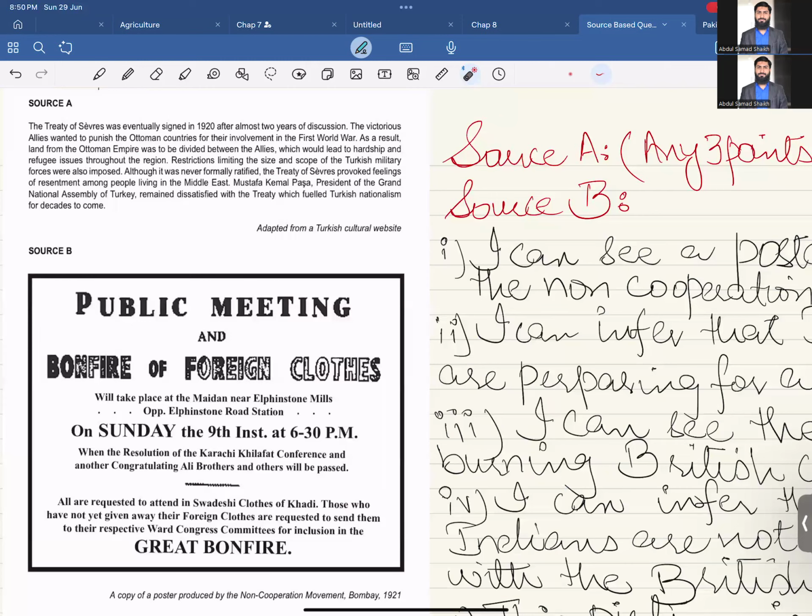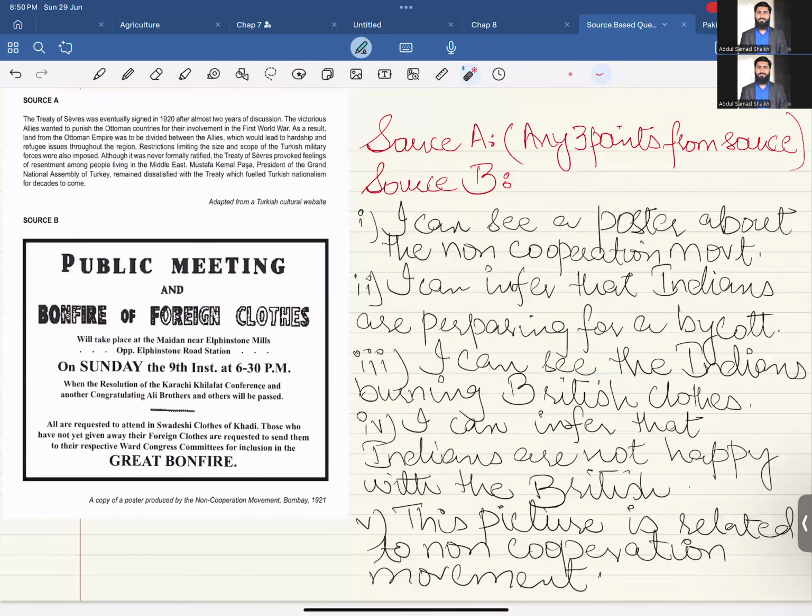For source B, there is a poster which is inviting the people for a protest movement. It's a bonfire of foreign clothes, wherein people are required to burn the British clothes and everything. Here I can see a poster about the non-cooperation movement.